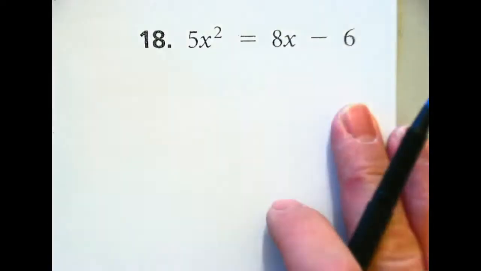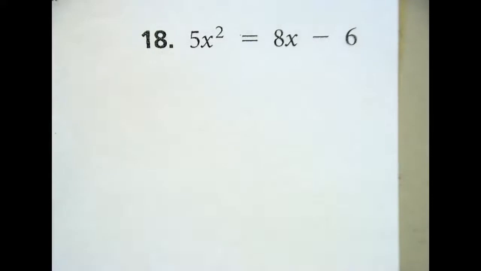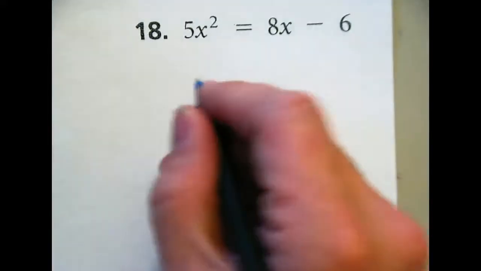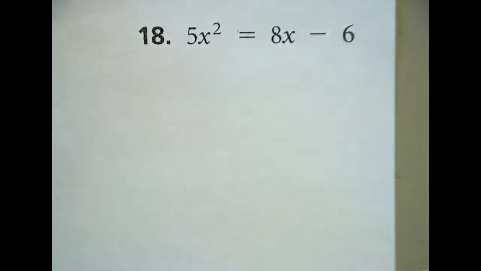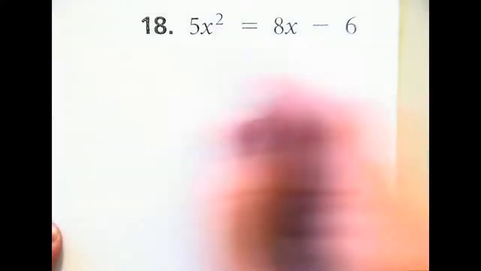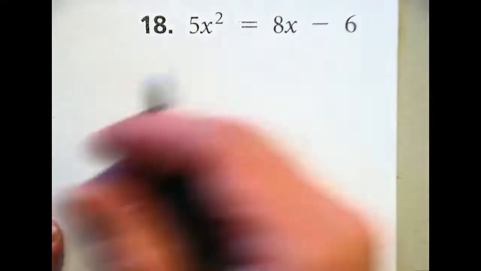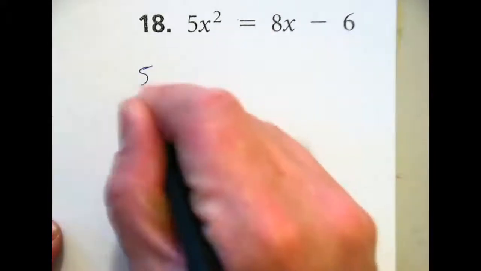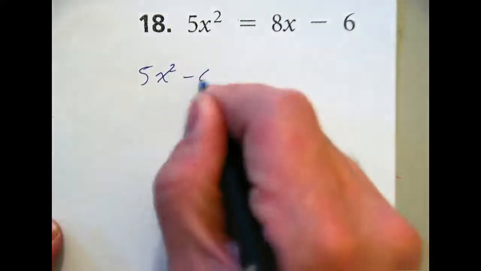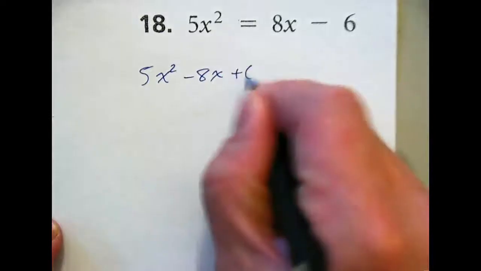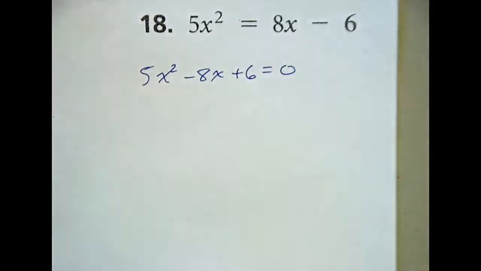You have to get it in standard form, right? So I would suggest moving these two pieces over, but you could subtract that and then factor out a negative 1 and flip the signs. So if I'm doing that, it's 5x squared minus 8x plus 6 equals 0. Once you get it into standard form, it makes it a bit easier to deal with.